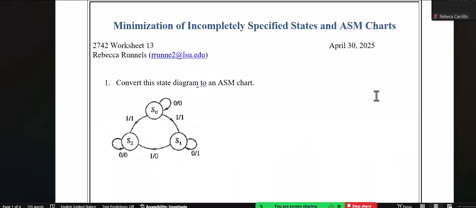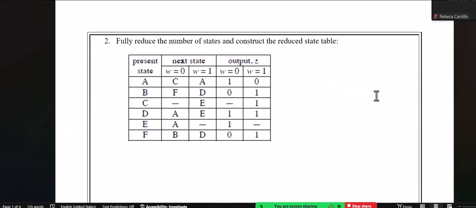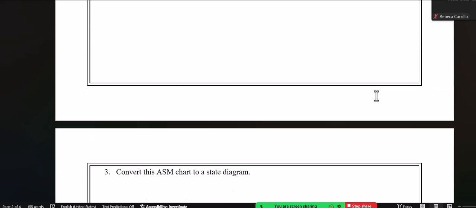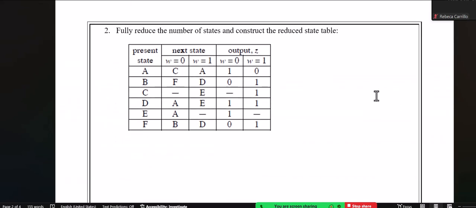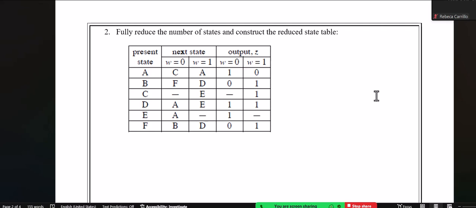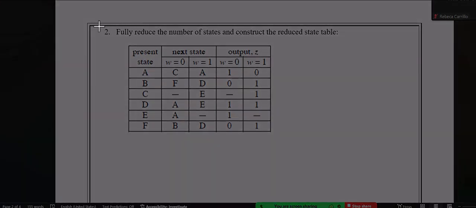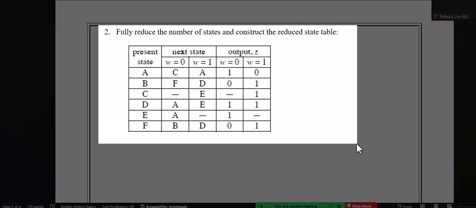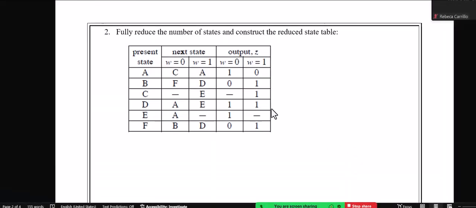Okay, so let's look at the next one. Did I skip? No, I just did it in a different order. Fully reduce the number of states and construct the reduced state table. I did not do one that was incompletely specified before, so I thought I would do that here. There are different possibilities.